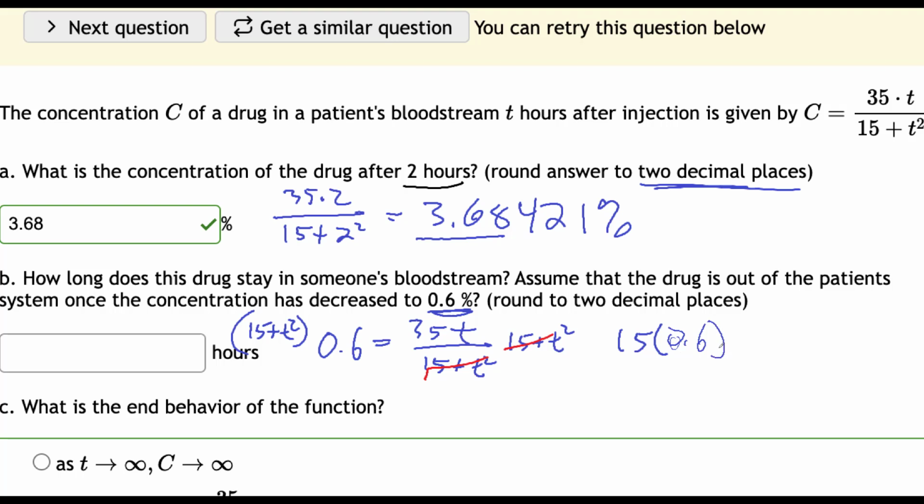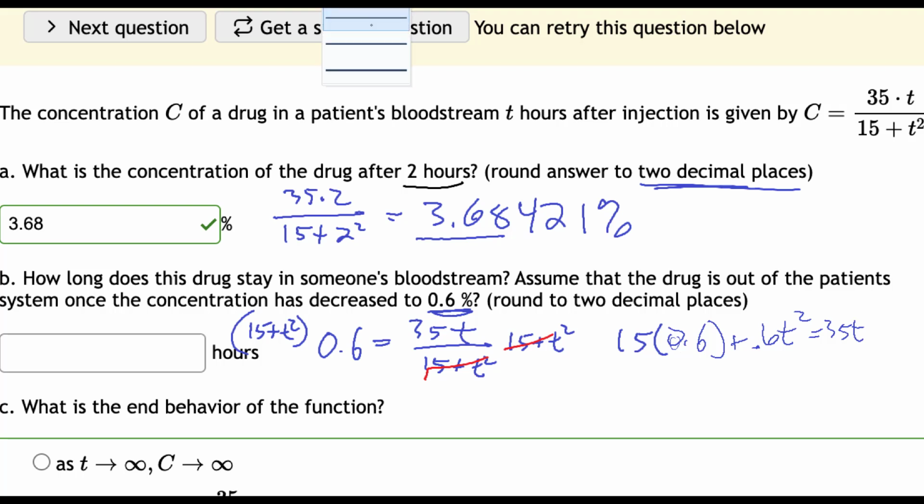Plus 0.06 times T squared equals 35T. So we get ourselves a quadratic here. And now I'll move everything to one side and put it in descending order.